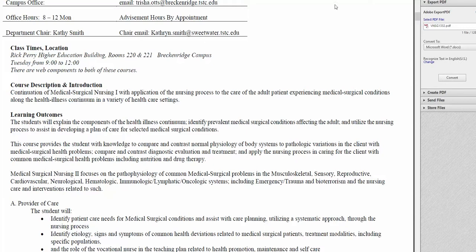So note that, for example, this learning outcome: the students will explain the components of the health illness continuum, identify prevalent medical surgical conditions affecting the adult, and utilize the nursing process to assist in developing a plan of care for selected med-surg conditions. So you see, every one of these is broad.